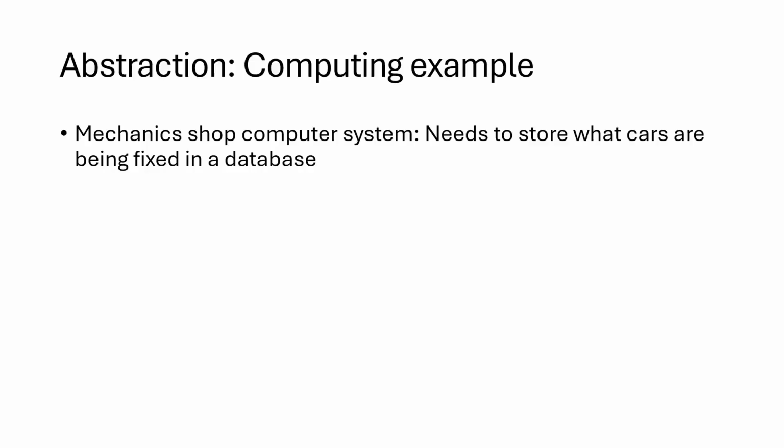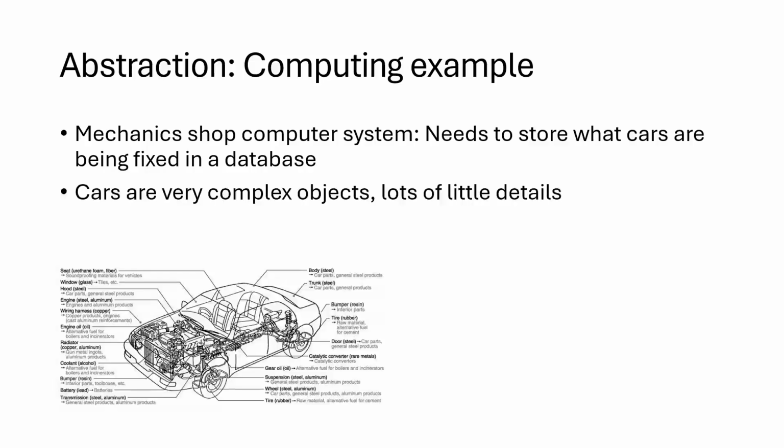And you might want to do this in a database. But cars are very complex objects. They have tons of systems, tons of wires, pipes, metal structures, springs, dampers, seats, fabric, etc. And to fully describe one, you'd have to do a lot.